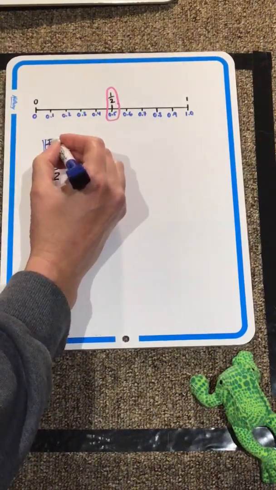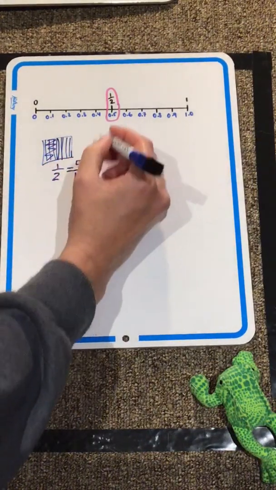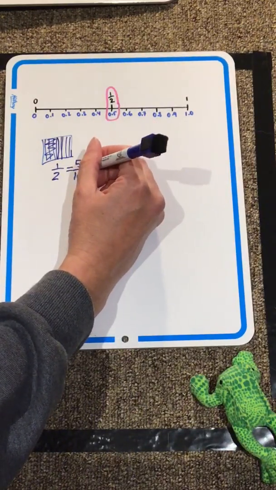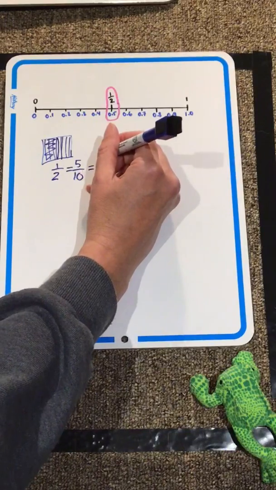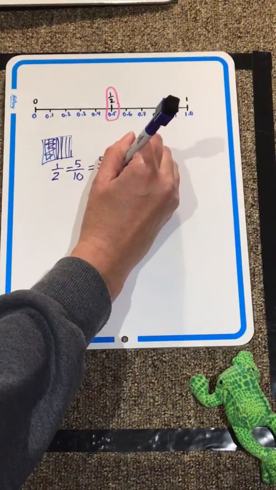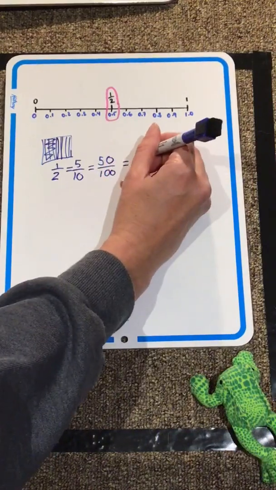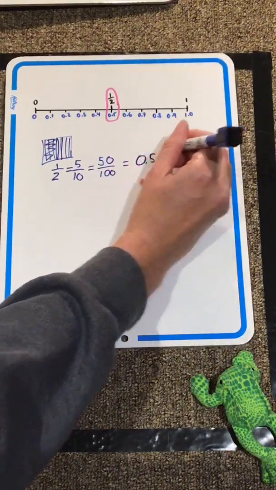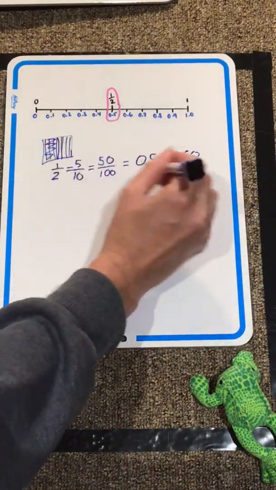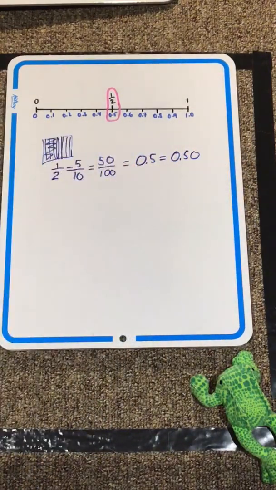Sorry, that's terrible drawing, but you kind of know what I mean. We also know that 1/2 is the same thing as 0.5. And we also know that that would be the same thing as 50 out of 100. So we could either call it 0.5 or 0.50. All of those statements, they all have equal signs between them. So those are all equivalent numbers, or numbers that mean the same amount of cake.